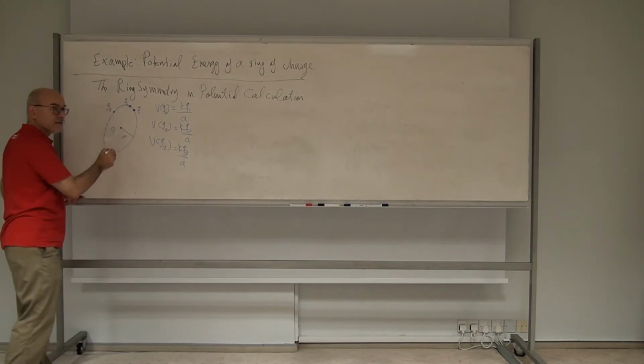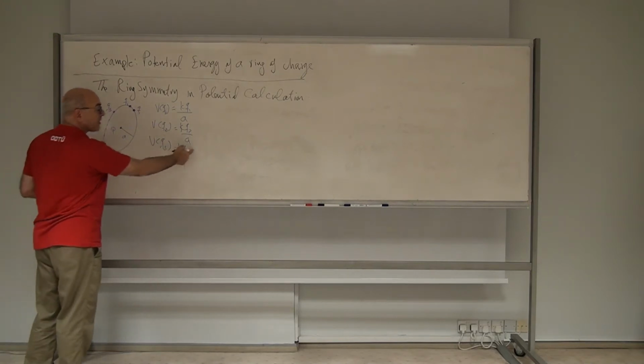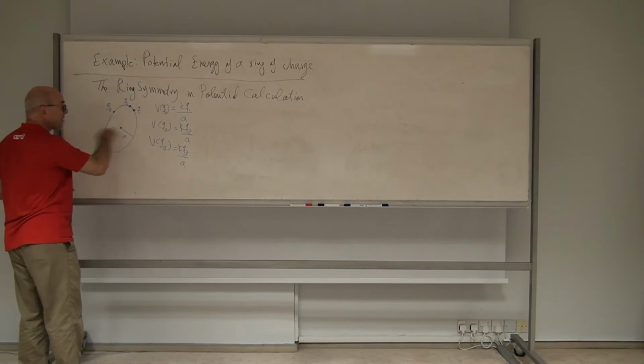Whatever you put here, the potential of any charge is just K multiplied by that charge divided by the radius.